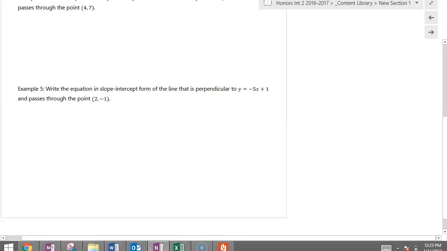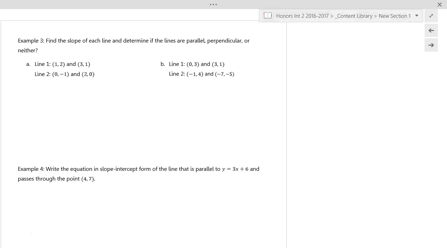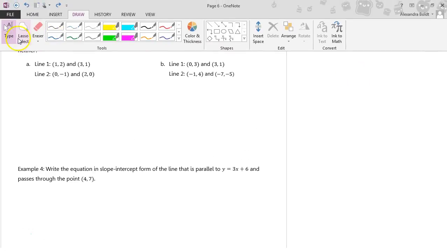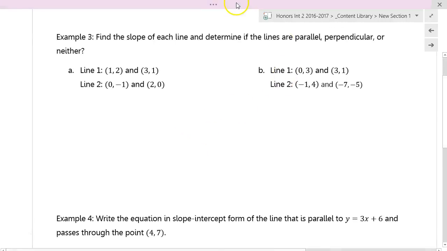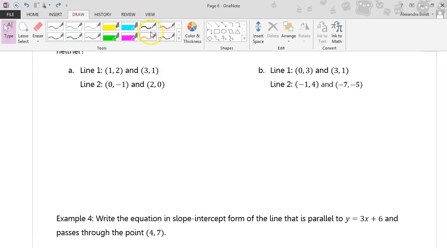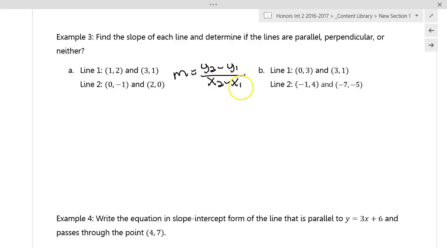Alright, let's look at our next page real quick. Example 3 says, find the slope of each line and determine if the lines are parallel, perpendicular, or neither. So now instead of an equation, we just have them as points. Remember, in order to find our slope, m equals y2 minus y1 over x2 minus x1.